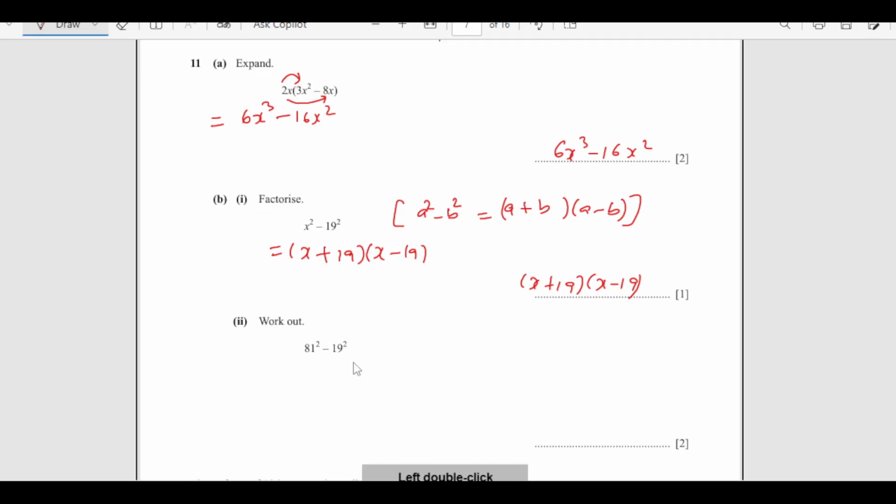Work out this. Again we can use the same formula here, a square minus b square is a plus b and a minus b. So this became 100 times 62, so 6200. Okay.